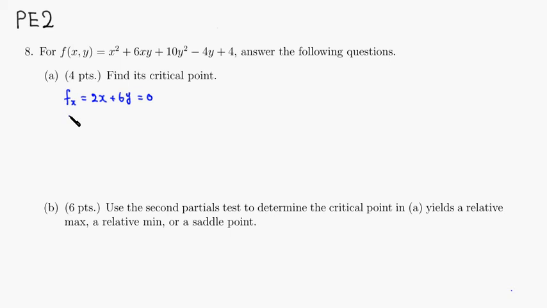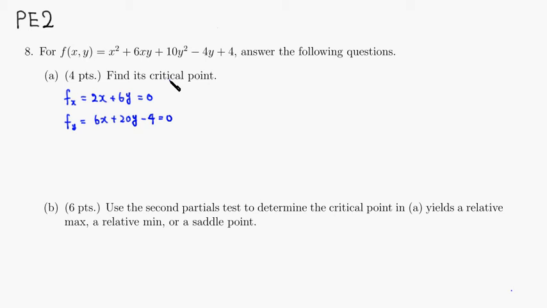Then the partial of f with respect to y is 6x plus 20y minus 4. The partial of 4 is 0, it's a constant, so this is equal to 0.